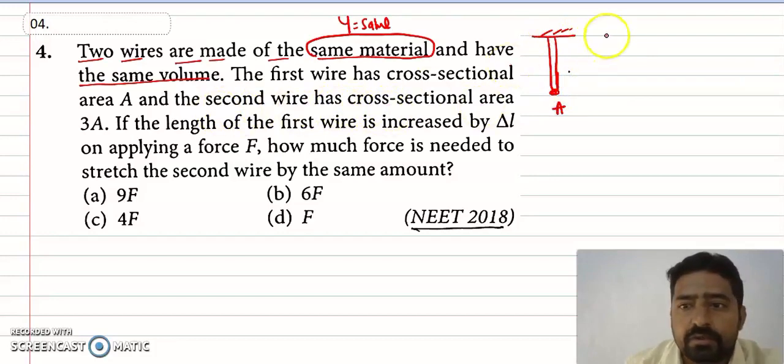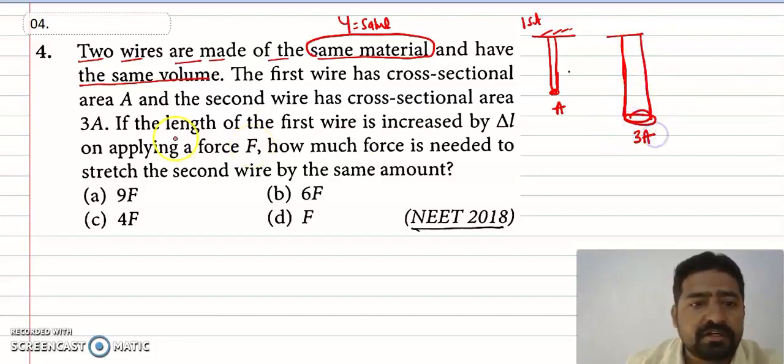and the second wire, its area of cross section ಎಷ್ಟಿದೆ ಅಂತ ಹೇಳ್ತಾನೆ ಇಲ್ಲಿ 3A.